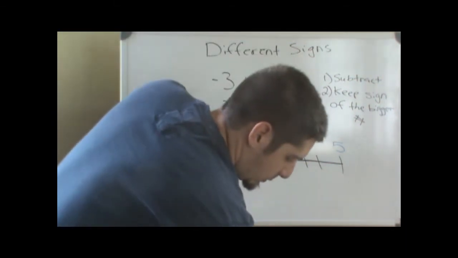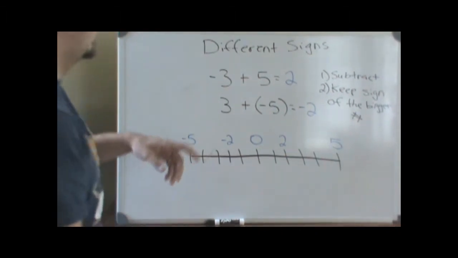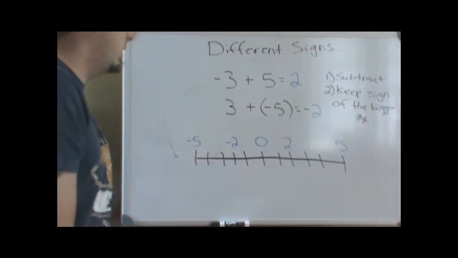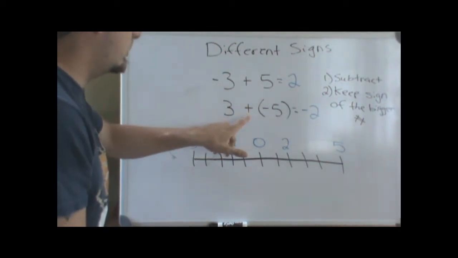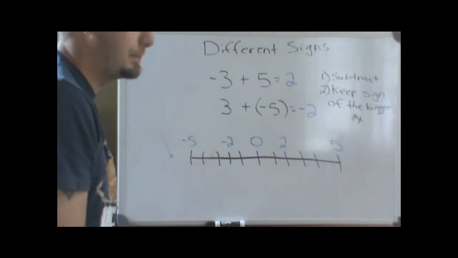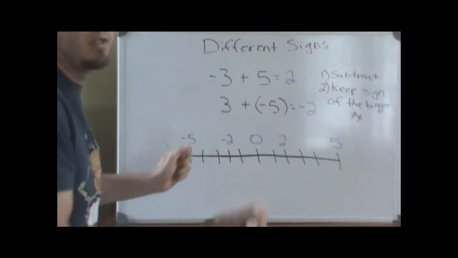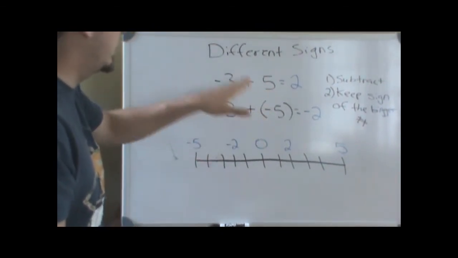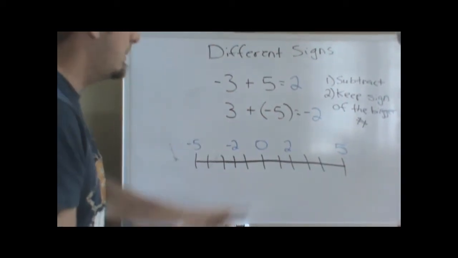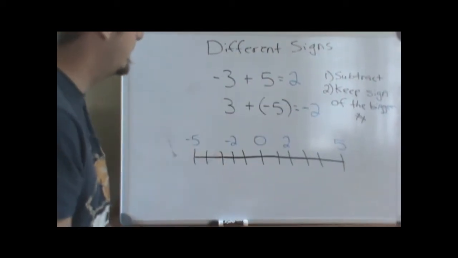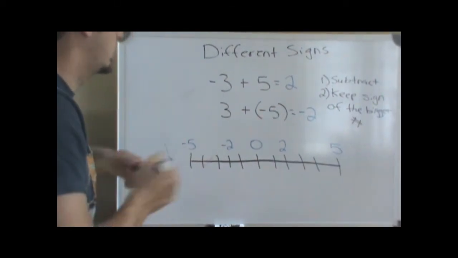So when you are looking at a problem with two different signs, we're still adding here, so the commutative property still applies. We can do it in any order we want. So I can start with either the 3's or the 5's, doesn't matter. I always start with the bigger number. It's a great way to show why we subtract the numbers.